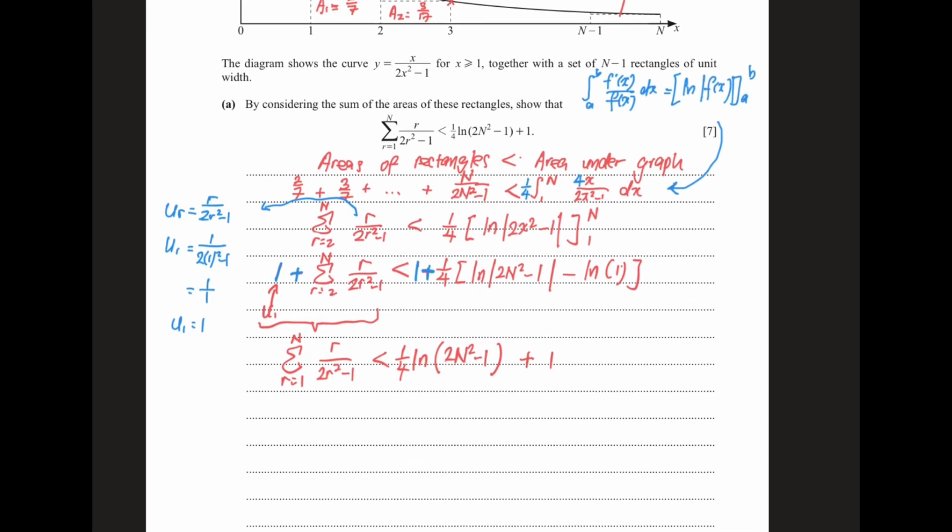So if you get a positive value, then this will be a positive value as well, so no need for modulus anymore. Now this is what we were supposed to show. We managed to show it, and we put here shown. This is how we get 7 marks.